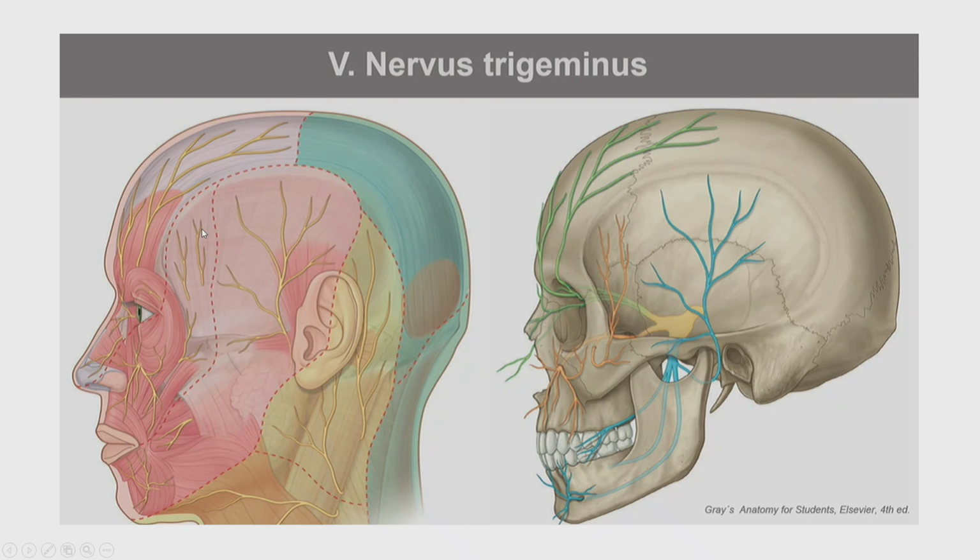So this is a very nice picture to have an idea of the territory of the cutaneous, or sensitive, innervation of each cranial nerve, the spinal nerve posterior branch and the spinal nerve anterior branch.